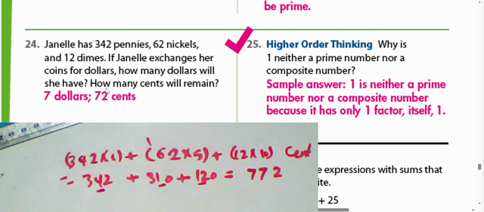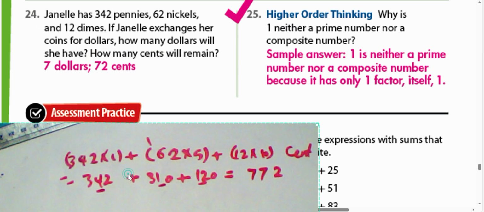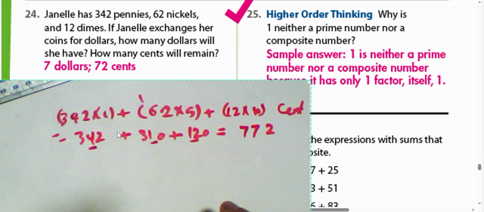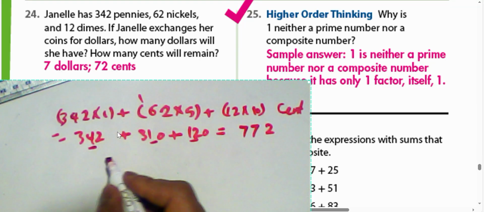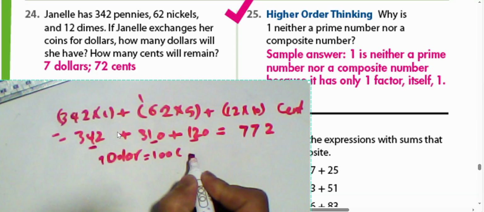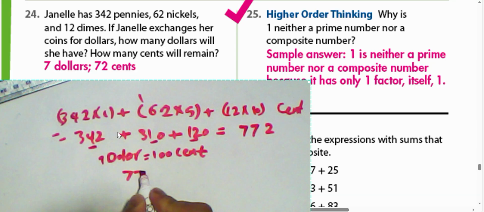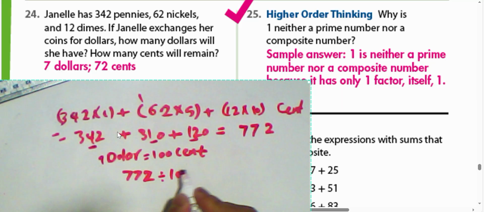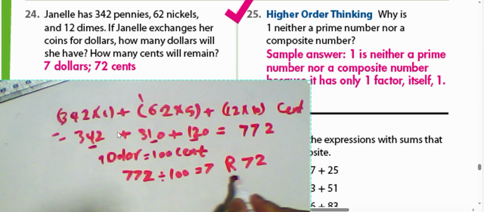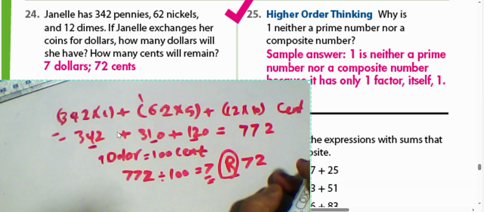Then we divide 772 by 100, because $1 equals 100 cents. We write 772 divided by 100 equals 7, and the remainder 72. Then the number of dollars will be $7, and the remainder is 72 cents.